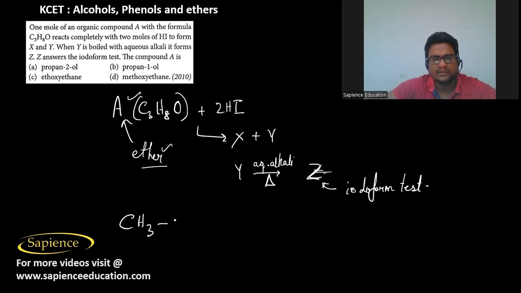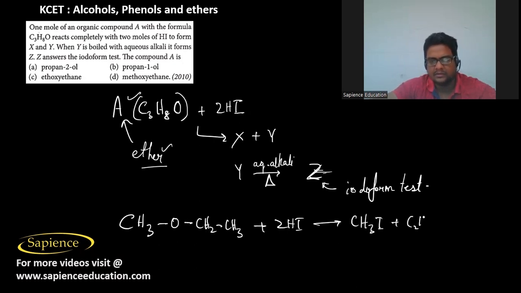So it should be CH3OCH2CH3, which is ethyl methyl ether, and that reacts with 2 moles of HI to form CH3I and C2H5I and H2O. Now this is X, this is Y, and Y will give iodoform test since this is C2H5I.